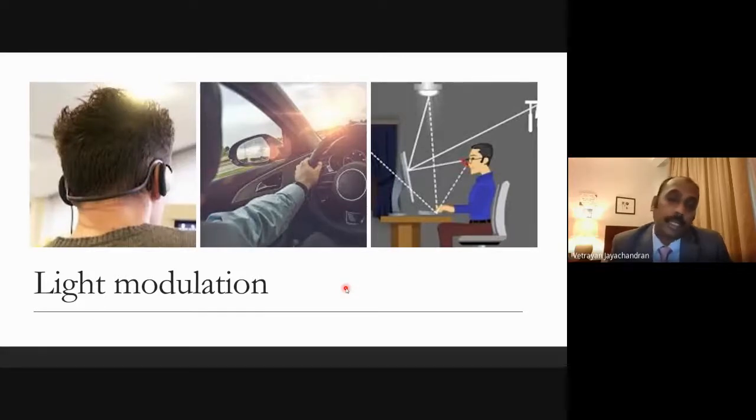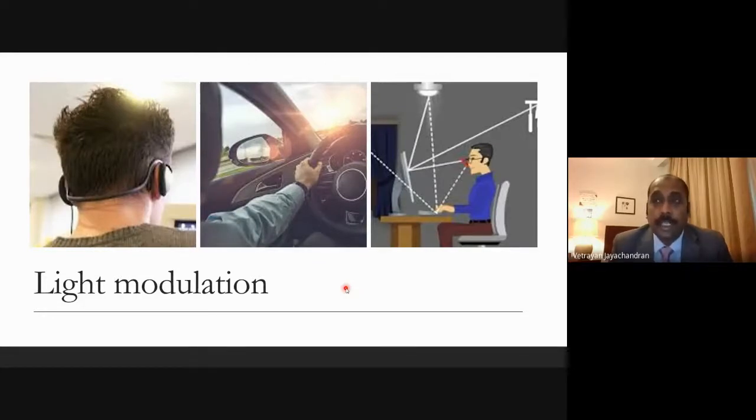For example, take a student doing reading activities: does that particular space have appropriate light or not? You can use a lux meter to measure the luminance level, and you can ask the person whether they have any difficulty reading in that space, or whether they are satisfied with the light or not.